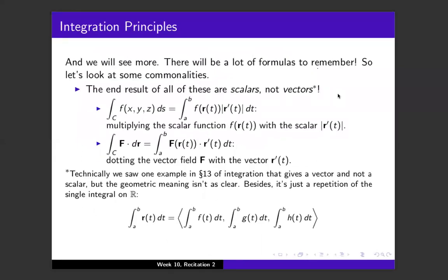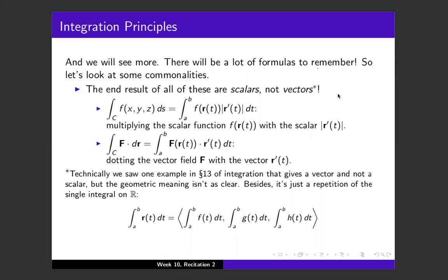Now, strictly speaking, this isn't 100% true, because we saw one example in section 13 of an integration that gives a vector instead of a scalar, but the geometric meaning of what exactly that thing is wasn't as clear. We really only used that to anti-differentiate velocity curves and things like that, and it was more of a computational tool than anything actually geometric.